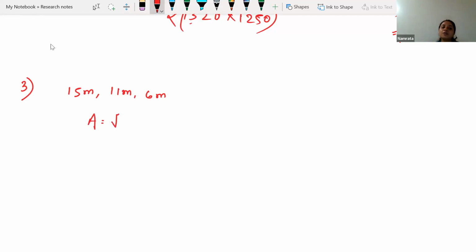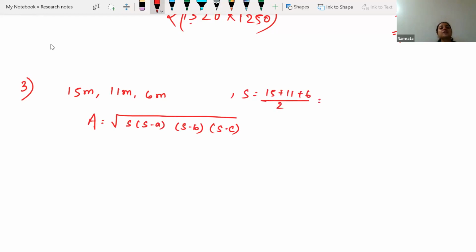When the sides are given, we can use Heron's formula to find the area, that is the square root of S into S minus A, S minus B, S minus C. S we can easily find by doing 15 plus 11 plus 6, that is A plus B plus C, divided by 2. Now we can take these as a, b and c, and we can find the area.